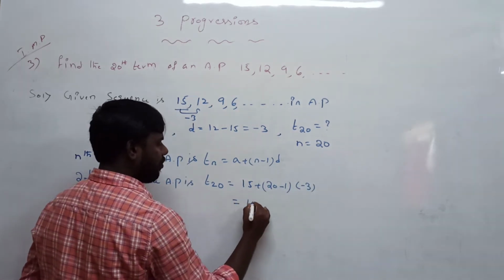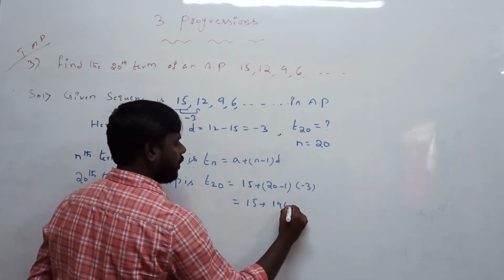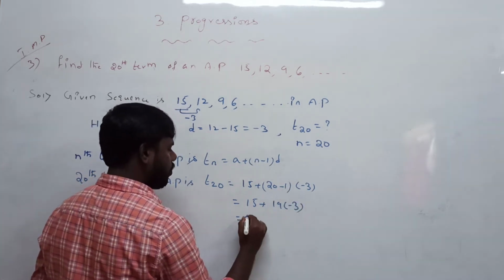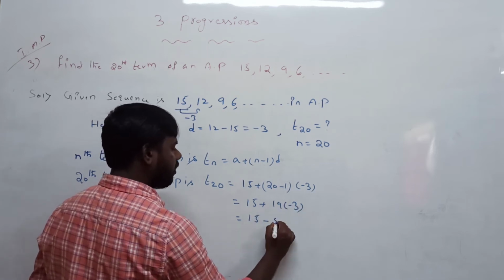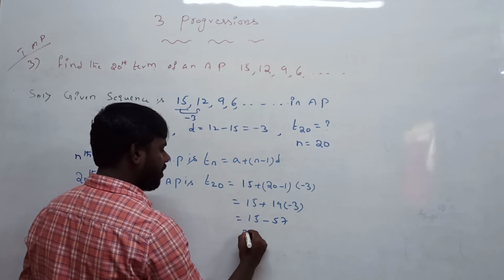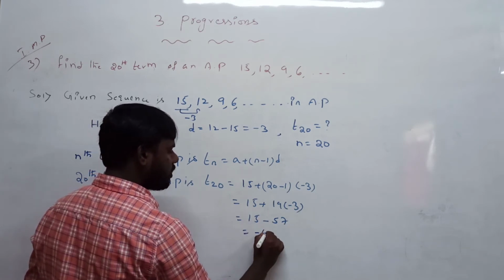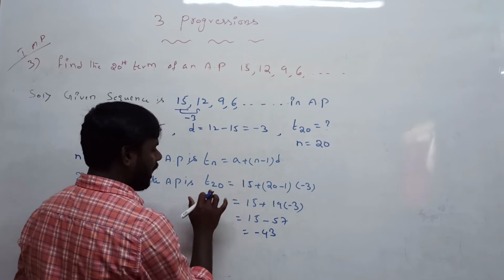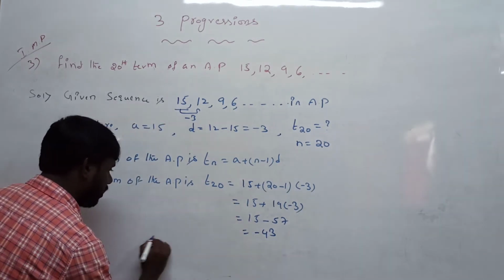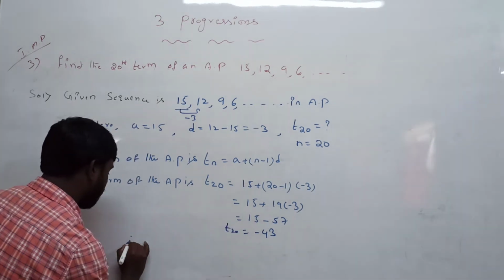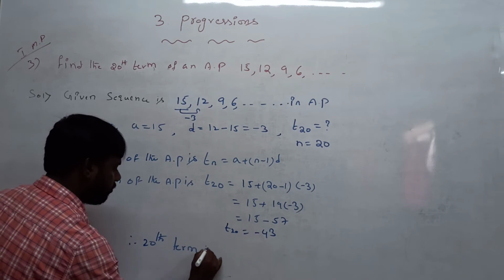Now 15 plus 19 into minus 3 is 15 minus 57, which is minus 42. Now finally we get the answer: the 20th term is minus 42.